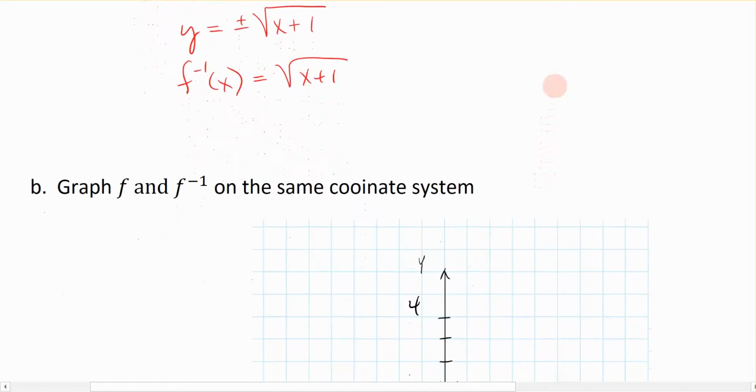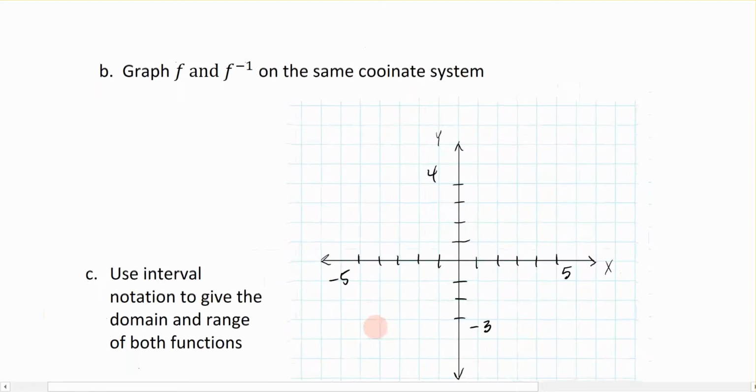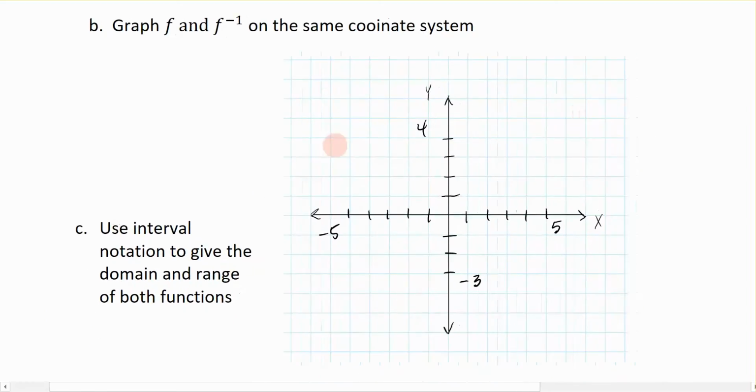Now let's go in and let's graph both f and f inverse on the same coordinate system. So remember that f of x was x squared minus 1 for x greater than or equal to 0, and f inverse of x is just the square root of x plus 1.